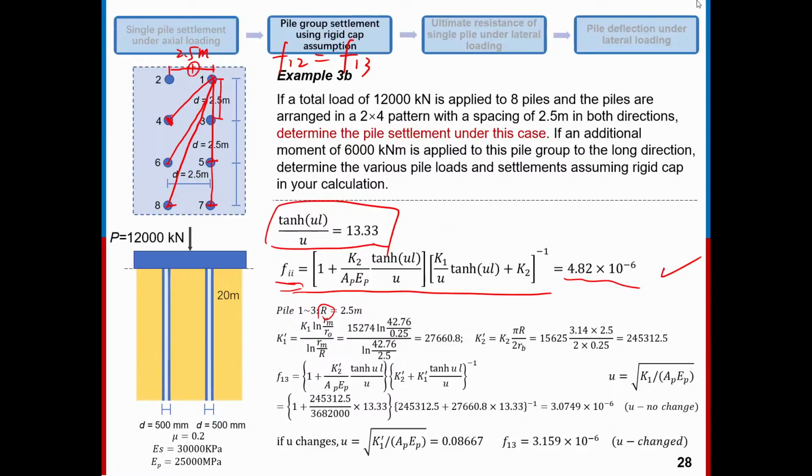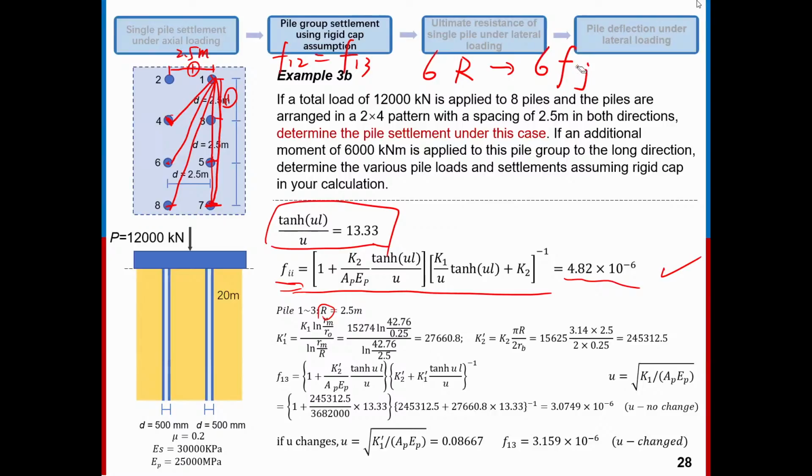This is the first one, they are the same. Second one, third one, fourth one, fifth one, and sixth one. So for pile 1, we actually have 6 different R values, which means we have 6 different Fij.